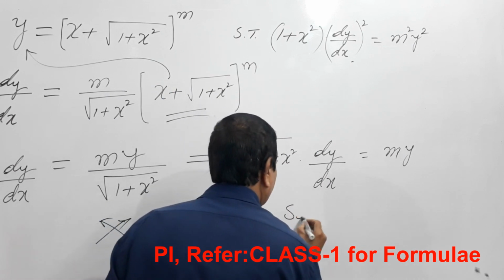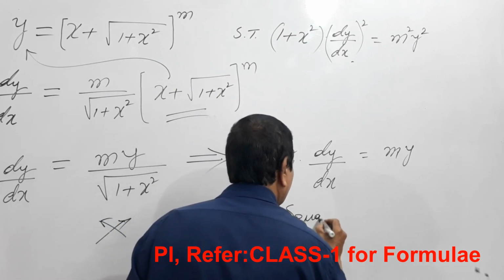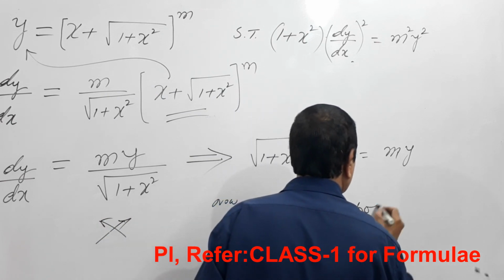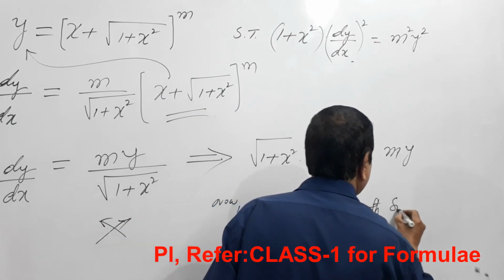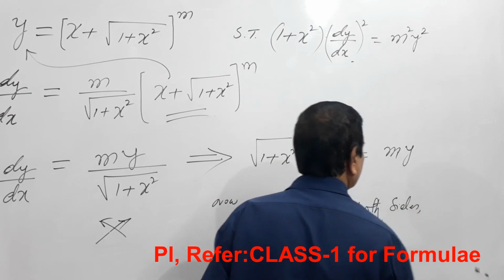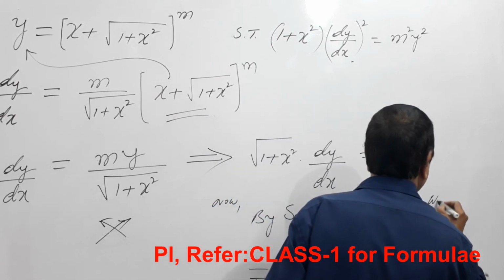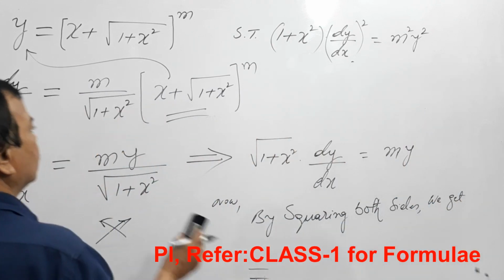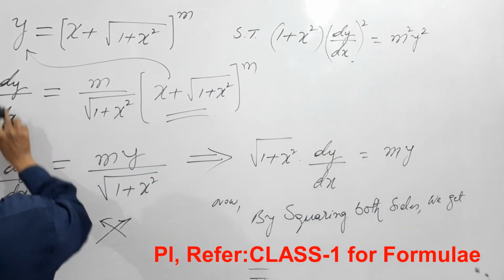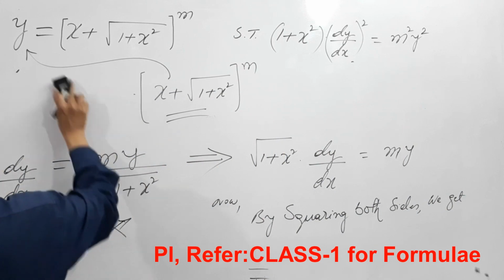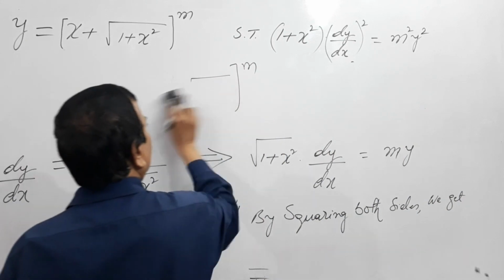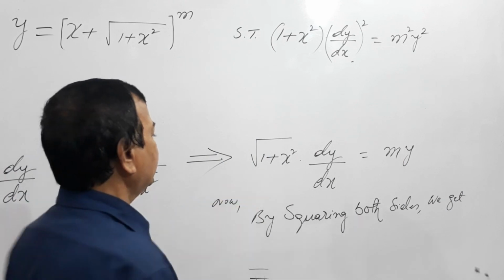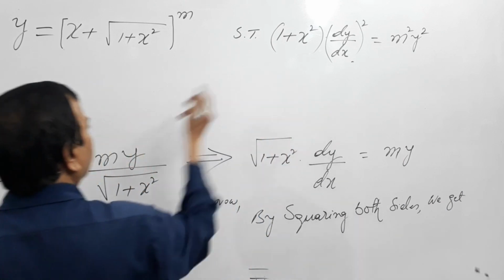Now by squaring both sides, we get what? So I'll rub this. So square this, 1 plus x the whole square becomes what?